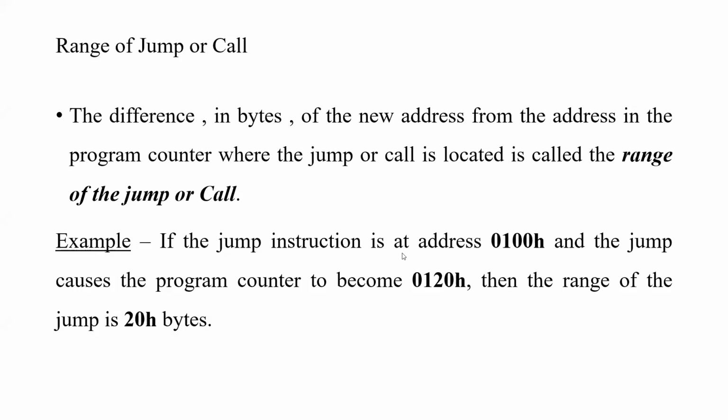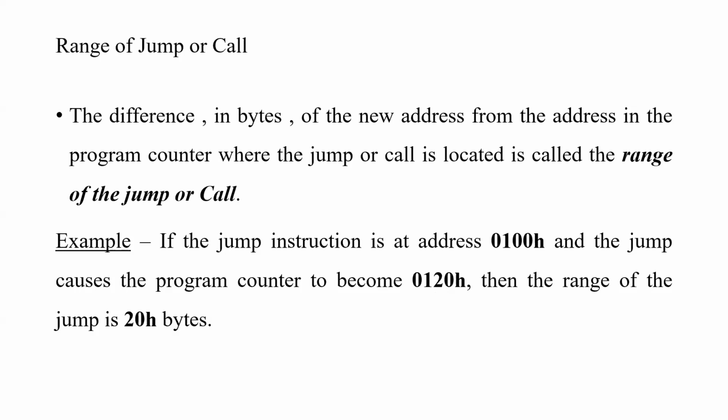If the jump instruction is at address 0100H and the jump causes the program counter to become 0120H, then the range of the jump is 20H bytes. That is the range of the jump.